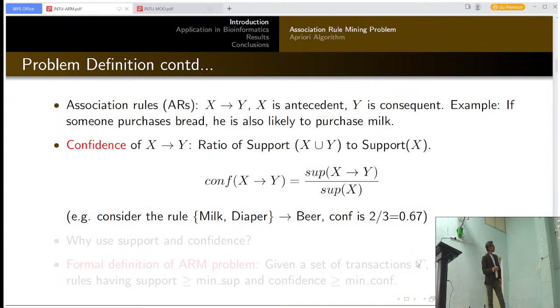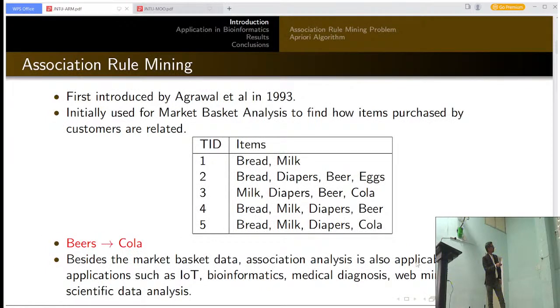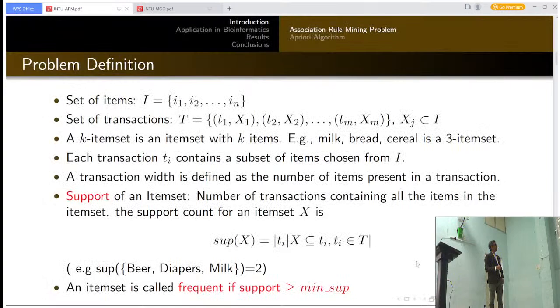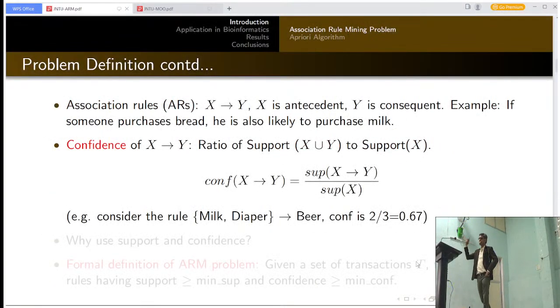So what is the support of milk and diaper in this data set? It is 1, twice, thrice. So support of this antecedent is 3. So the confidence of the rule is 2 by 3, that is 66.66%. So this is the confidence of the rule.